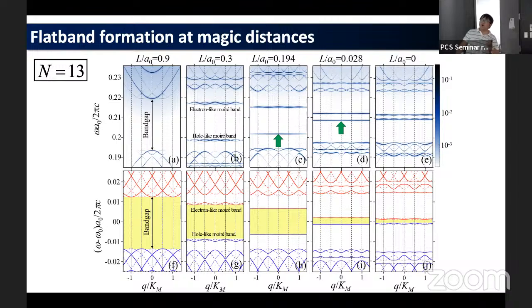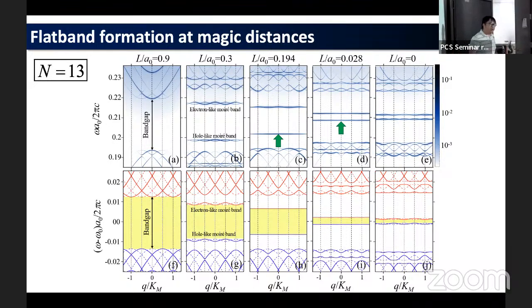The only thing that changed is that in the calculation here, the electron and hole moiré bands are flat simultaneously, while in the real simulation, you don't have them flat simultaneously. You have first, for example, the hole-like moiré band flat here. If I change the distance a little bit, then the other one will become flat. Here I only focus on the hole-like moiré band. If I want to have the electron-like moiré band flat, I need to change the distance a little bit. It's because we have some approximation.